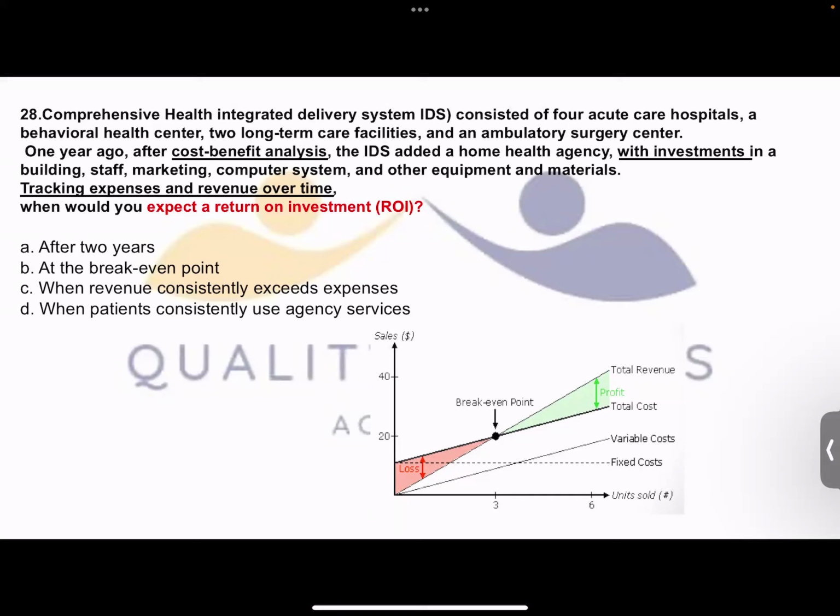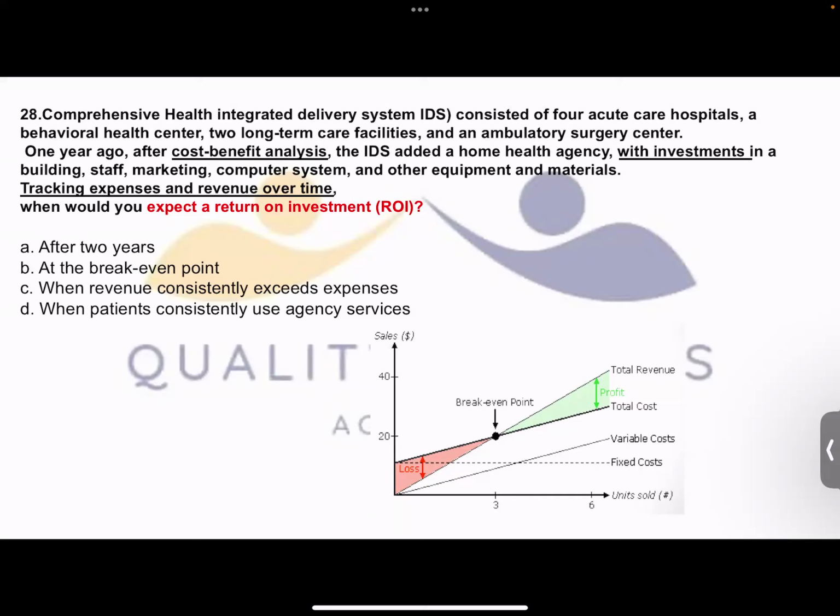Tracking expenses and revenue over time, when would you expect a return on investment, or the ROI? The question here is asking you to predict when the investment in a home health agency within an integrated delivery system, or the IDS, might start generating a return on investment, or the ROI.